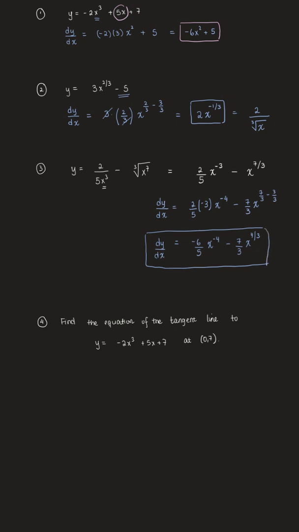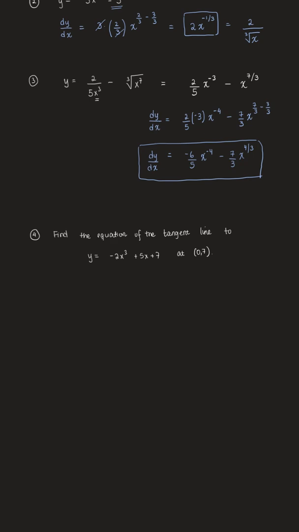And then the last breakout group problem is to find the equation of the tangent line. This is the same as the problem above, number 1. We saw that the derivative was negative 6x squared plus 5. To find the equation of a tangent line, remember that we're going to use the point slope form, y minus y1 equals m times x minus x1.